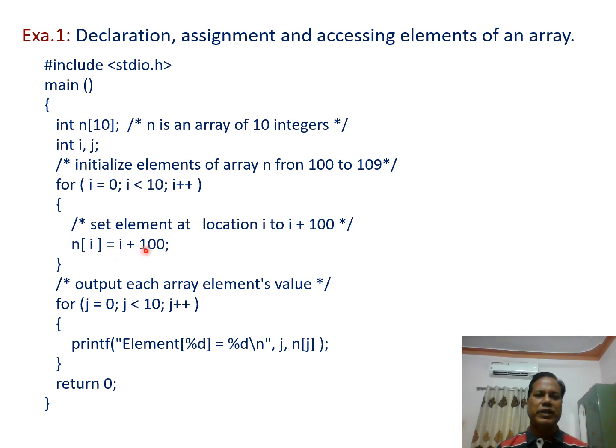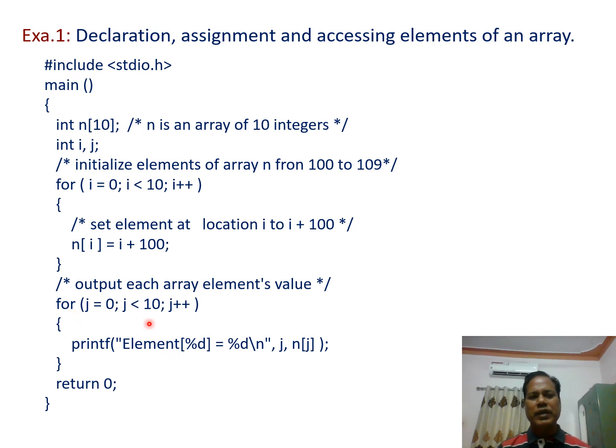In this way, this looping statement goes on initializing each element from 100 to 109, and when the value of i becomes 10, the condition becomes false, so control comes out of the for loop, and after it there is another for loop. This for loop is for printing each element value of the array n.